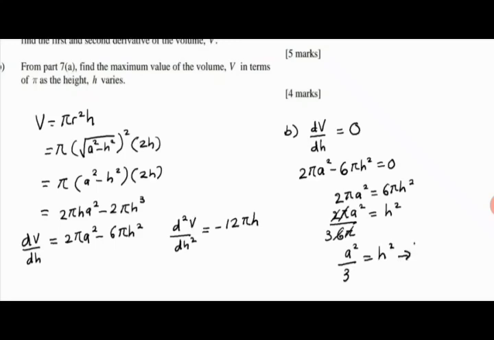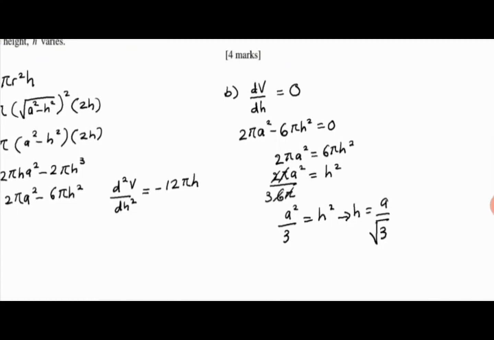So our h is equal to a over root 3. This is what we call the critical number.